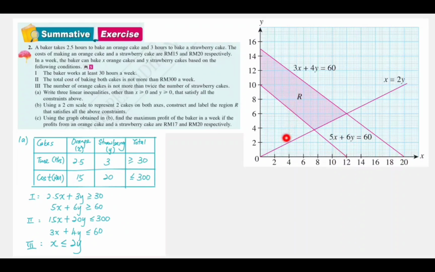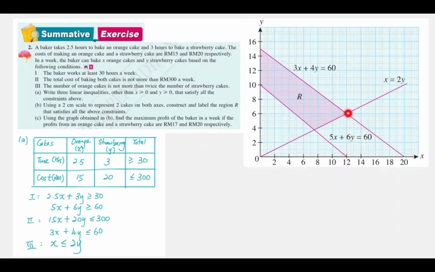Then the third linear inequality, x should be smaller than or equal to 2y. For x = 2y, the x-intercept and y-intercept are at the same point, as it passes through the origin. So we will choose another point along this straight line. Let's say we choose x = 12, then y should be 12 divided by 2, which gives 6.